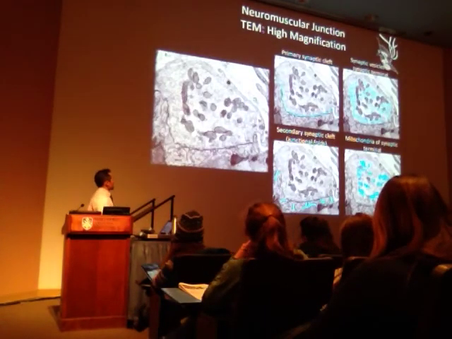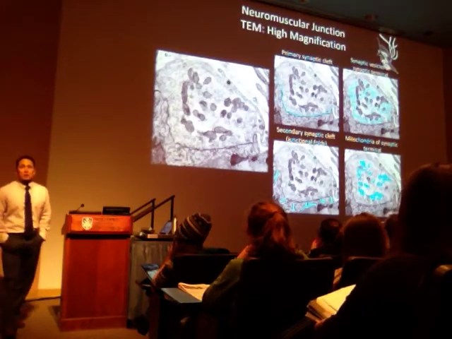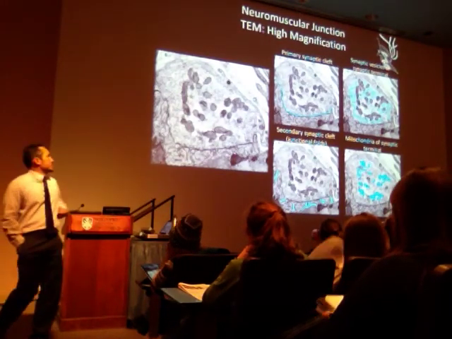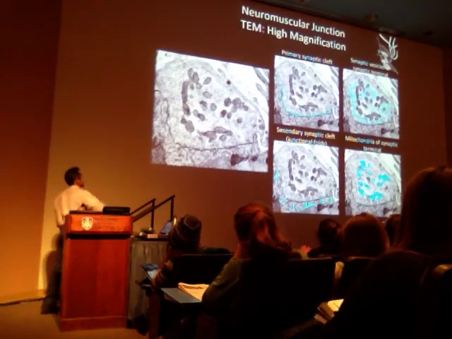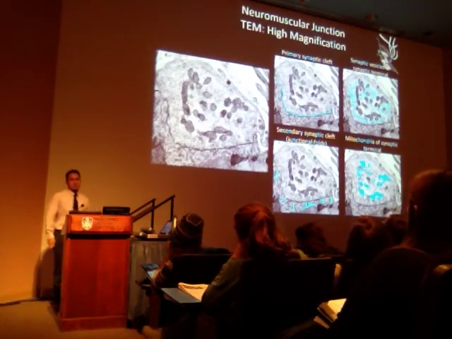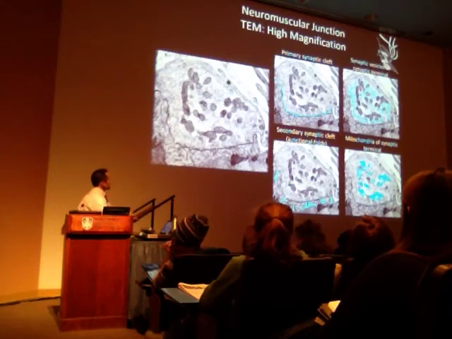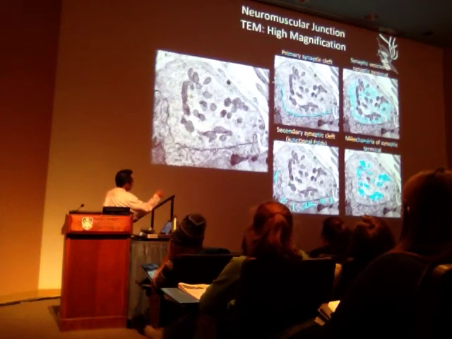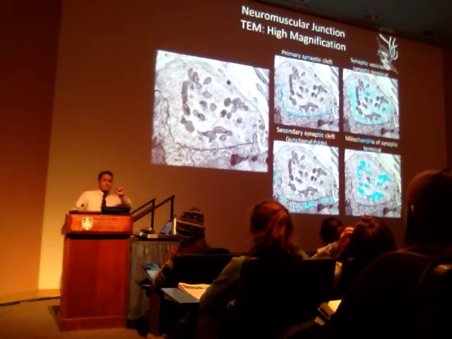We look at some other pictures. Now we're moving out of histology. We're going into electron microscopy. This is our neuromuscular junction under high magnification transmission electron microscopy. Okay, instead of using light to bombard the sample, we use electrons. And you can see that this is our primary synaptic cleft. That's the gap.